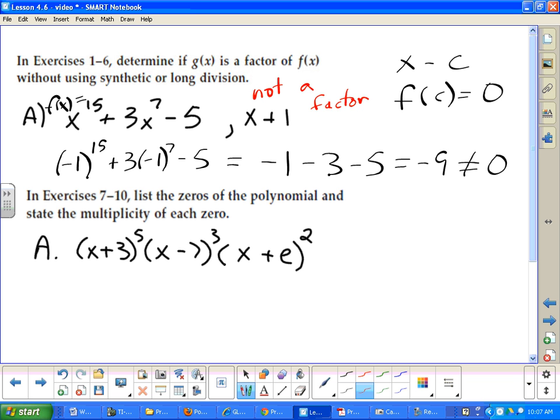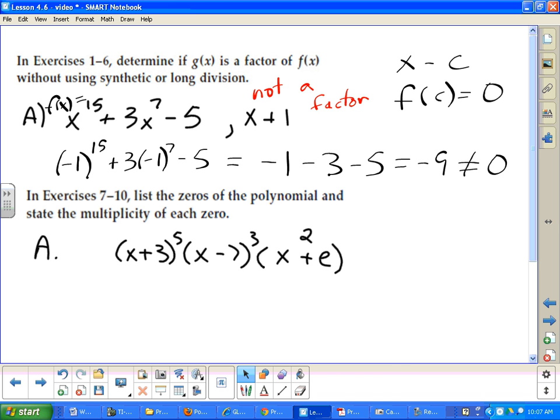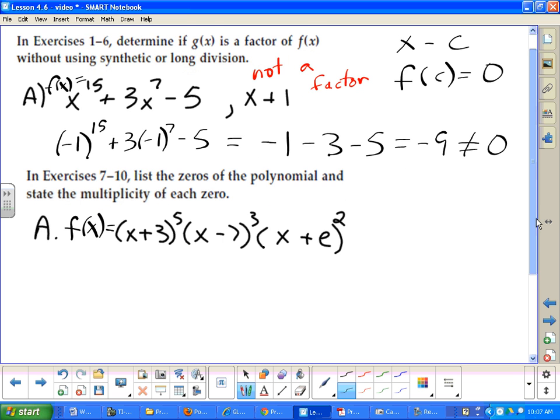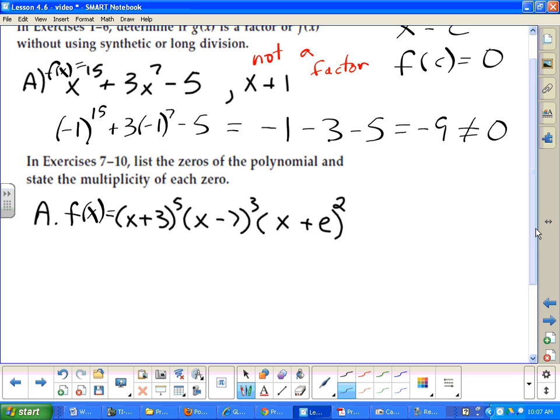Okay. Here we want to list the zeros of the polynomial and state the multiplicity of each. So our function here, f of x. Multiplicity is basically the degree of the factor.